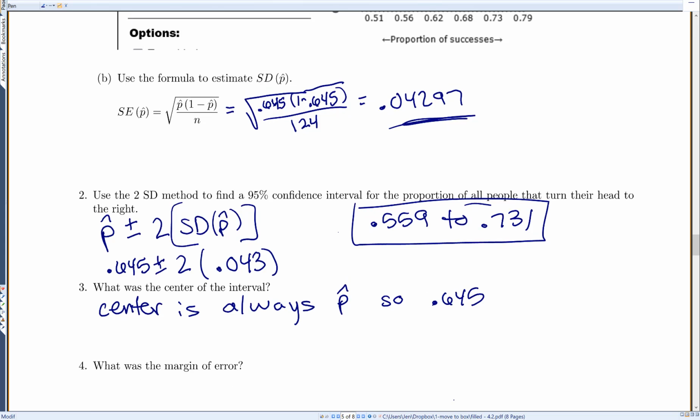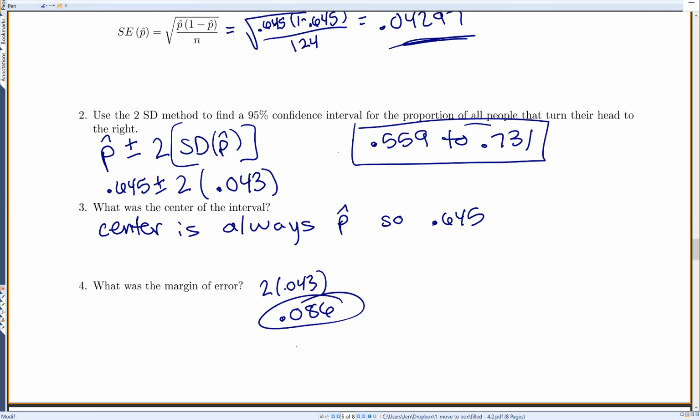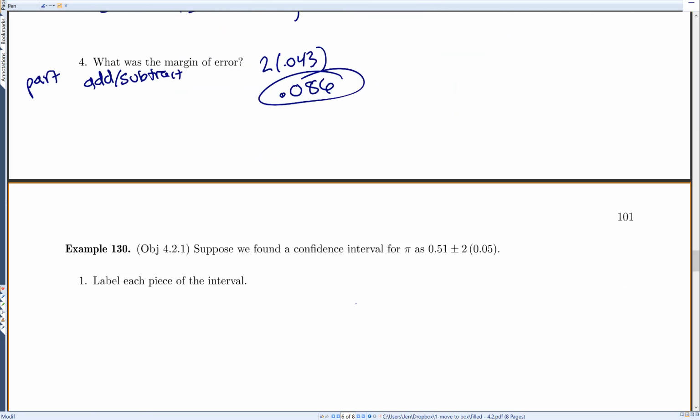What was your margin of error? The margin of error is the part that you add and subtract. It's the 2 times 0.043, which is 0.086. It's the two standard deviations, the part that you add or subtract.